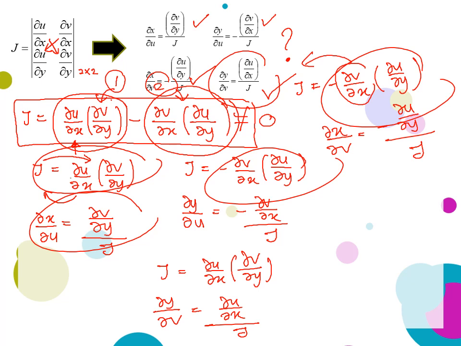Thus, this one should be equal to 0. In order to find del x del u, the first term must equal 0 and the second term cannot be equal to 0. That's why we ignore this. This cannot be equal to 0, so we ignore this in order to find del x del u, because this part should be equal to 0.